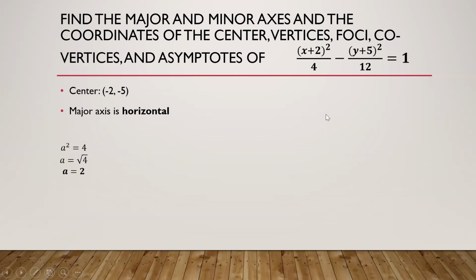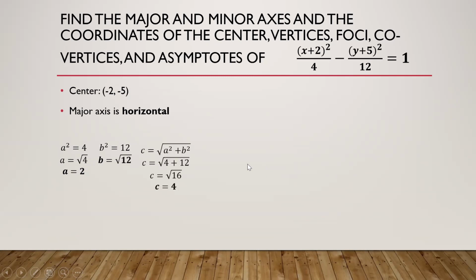So we find our a, b, and c. For our a and b, they don't change position. The first denominator is always a and the second denominator is always b. So we simply have to find the square root of 4, that's 2, and the square root of 12, which we can just write as the square root of 12.